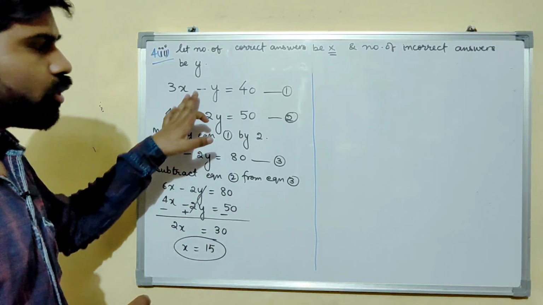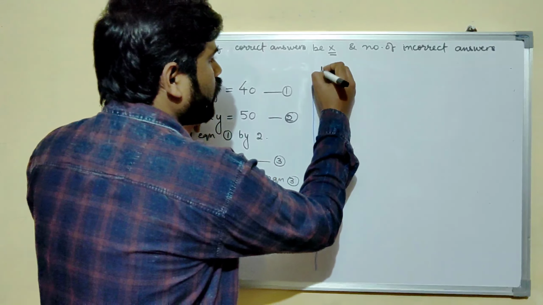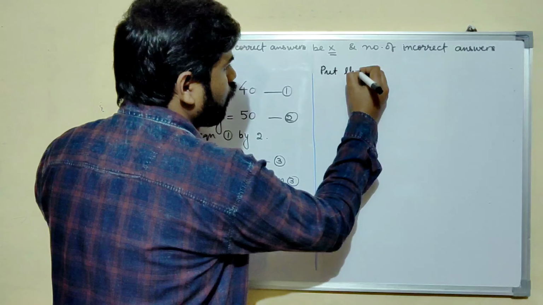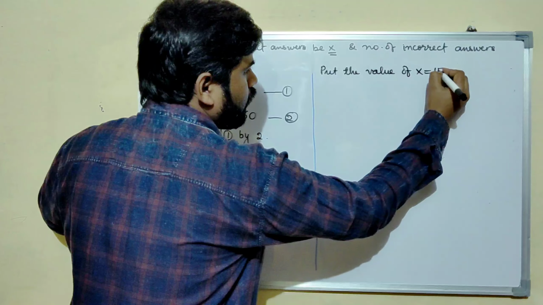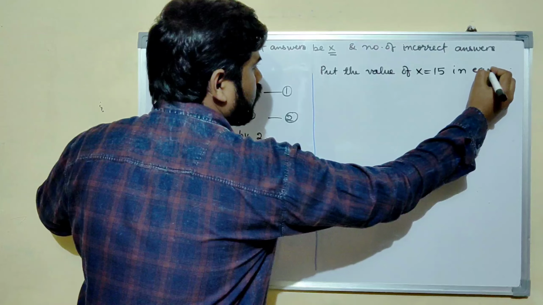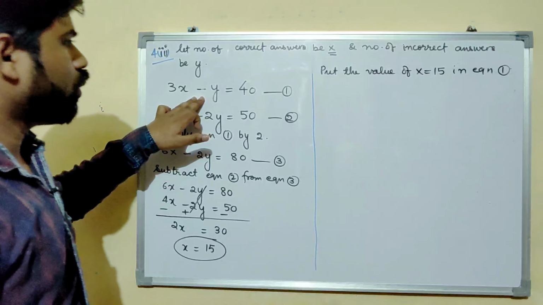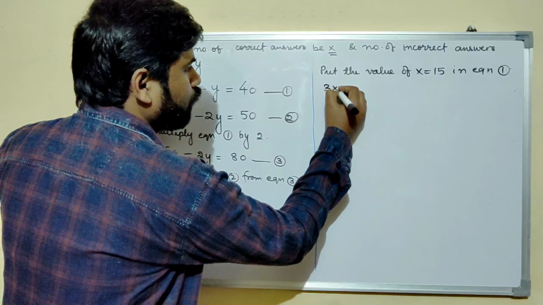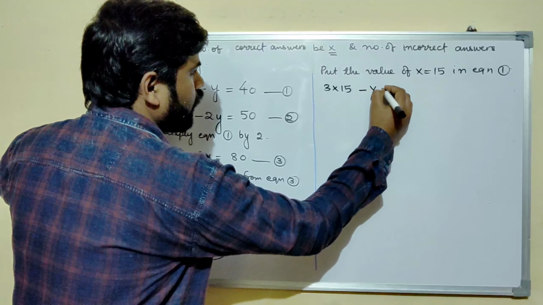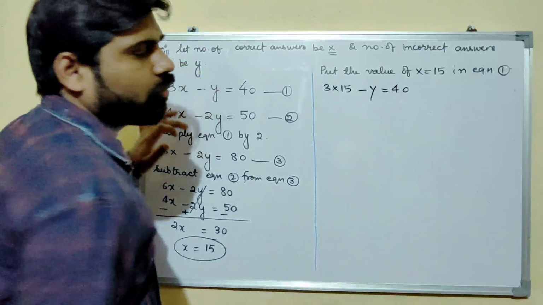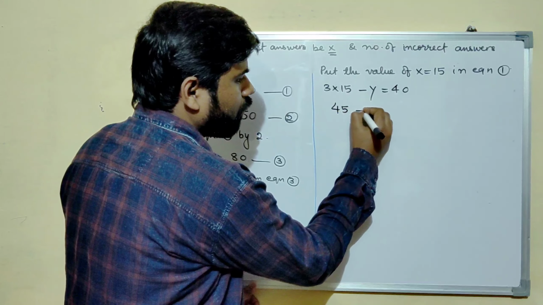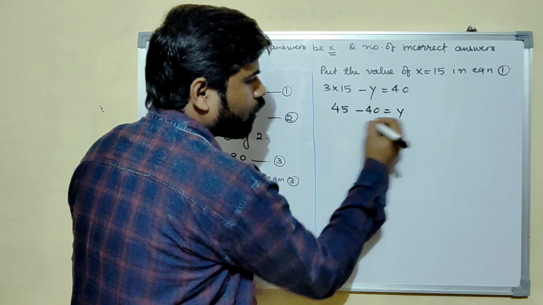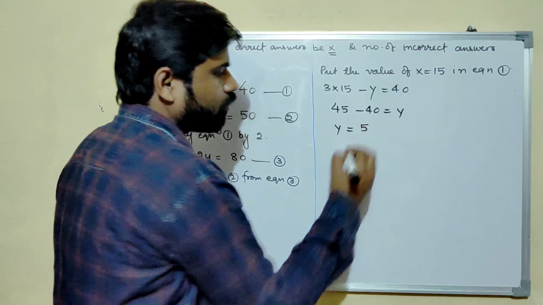Now let us find the value of y. Put the value of x equals 15 in, let's say, the first equation. So 3 into 15 minus y equals 40, or you can say that 45 minus 40 equals y, or y equals 5.